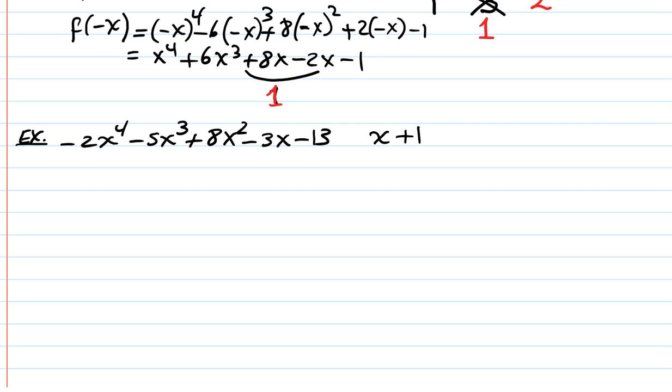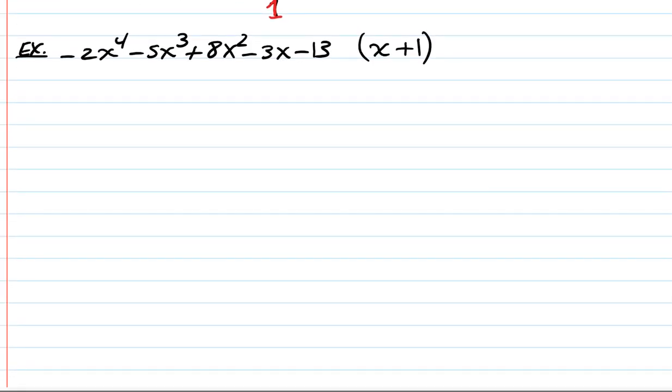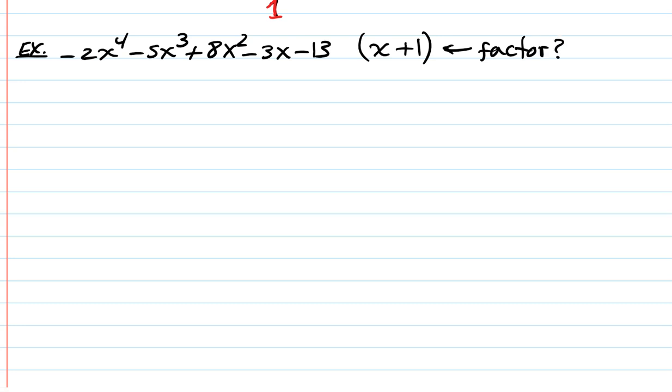We want to use the factor theorem and synthetic division to see whether x plus 1 is a factor of this polynomial. Is that a factor? That's what we want to know. So let's do synthetic division. Negative 2, negative 5, 8, negative 3, negative 13.